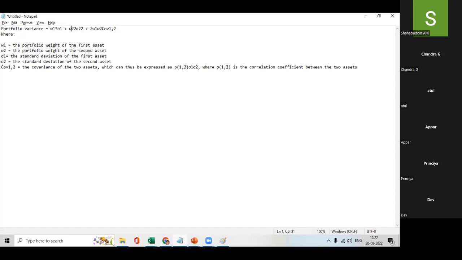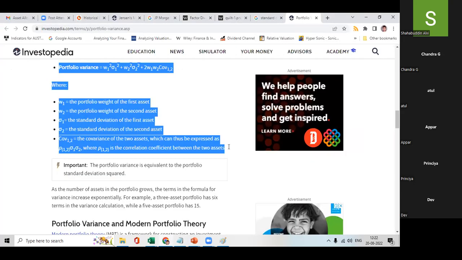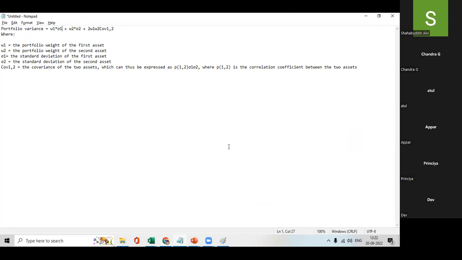Then weight 2 into sigma 2. That is the standard deviation of the second asset. So these are actually squares. Then 2 into W1 into W2 into covariance of 1 and 2.